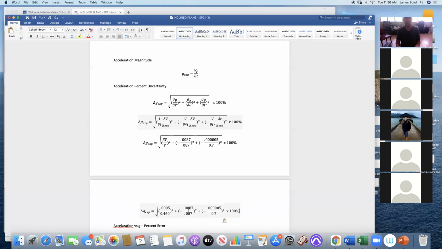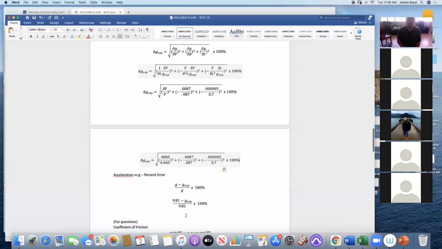Pretty much our answer is going to be right here, and it ends up being 0.1 times 100%, which is an error in G of about 10%. What you're going to notice when you do these delta G's is all the error is in our angles. It's because our protractor has a resolution of 1 degree and we're doing 5 degrees, 10 degrees, 20 degrees, 30 degrees.